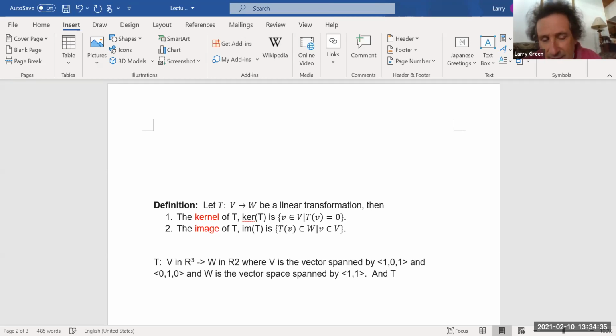And T of (1, 0, 1) is equal to (0, 2, 0), and T of (0, 1, 0) is equal to (0, -1, 0).